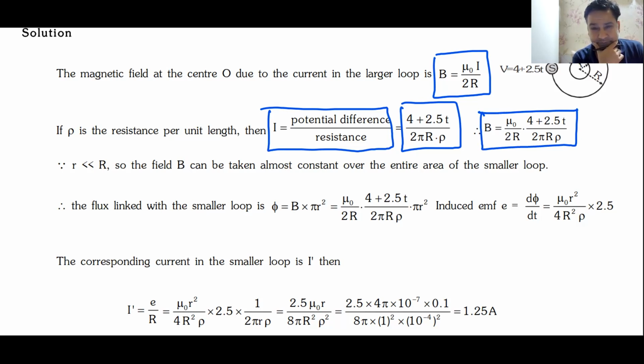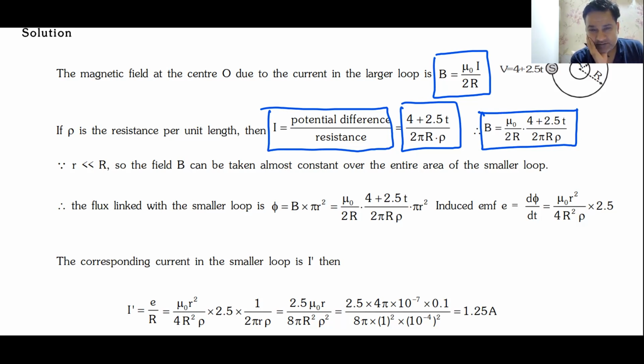This is the magnetic field created by the potential difference applied on the larger loop at the center of both the loops, the center of the smaller loop or the center of the larger loop. Are you getting my point? Have you understood what I have done?